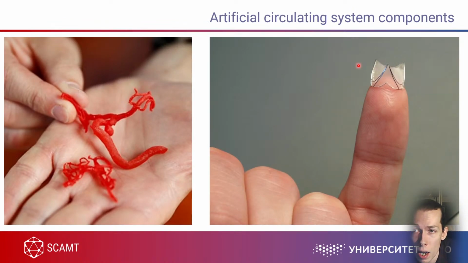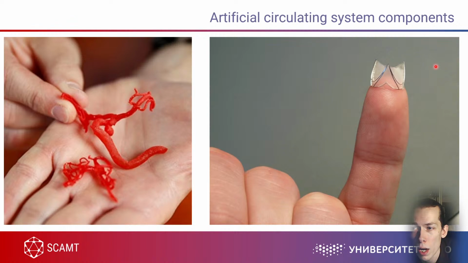What other types of in vitro systems can there be? Because today we're talking about in vitro systems. Other types of in vitro systems can be artificial systems. Artificial systems are quite far from cell cultures, even from 3D cell cultures, and they are like a next step in lab on a chip. Here are some examples of artificial veins or arteries, probably an artificial circulatory system, and this is an artificial valve from a heart.